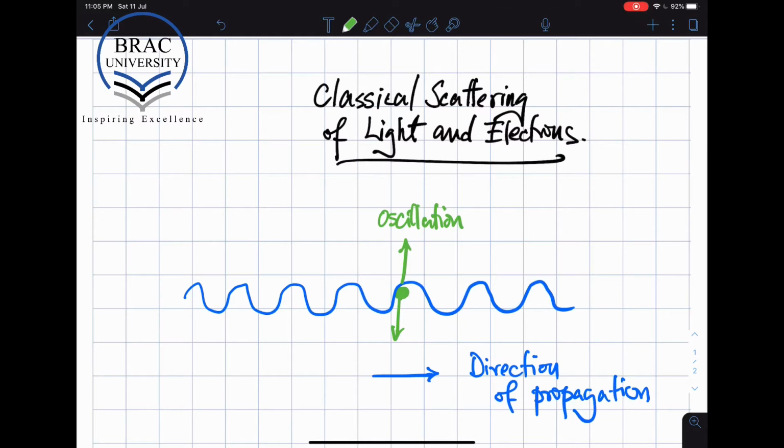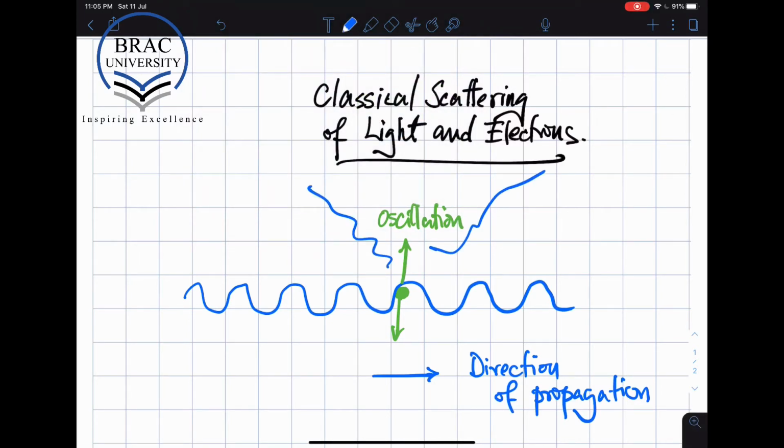We know that whenever a charge accelerates, it emits its own radiation, and the frequency of that radiation is given by the frequency of oscillation. So as this electron oscillates up and down at the frequency of the incident wave, it will emit its own radiation.